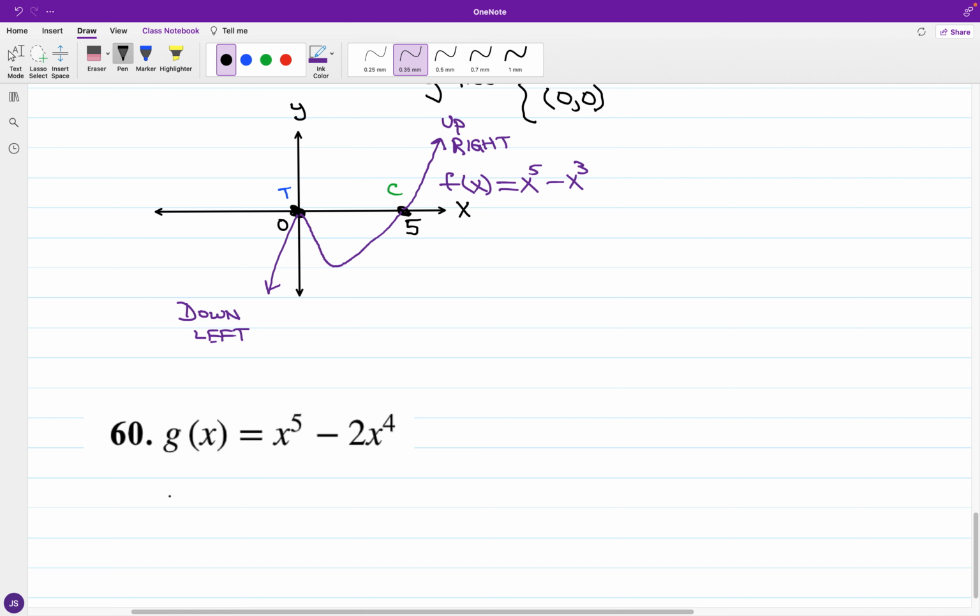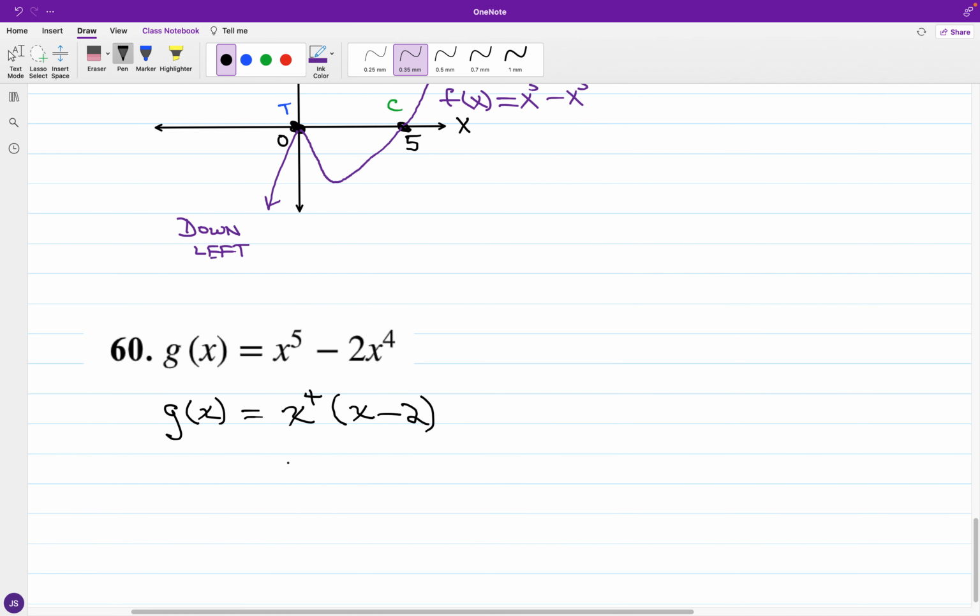So if I go from expanded to factored form, I can identify the zeros as well as their multiplicities. This time, for the difference of the terms, the greatest common factor is going to be x to the 4th. Upon factoring out x to the 4th, we have the factored form for g of x: x to the 4th times the quantity x minus 2.